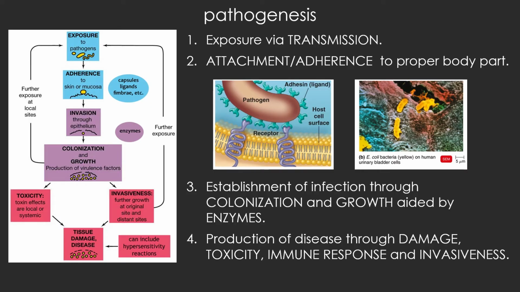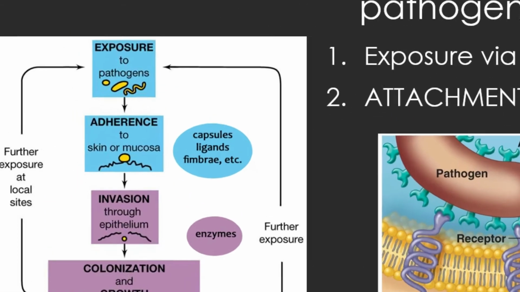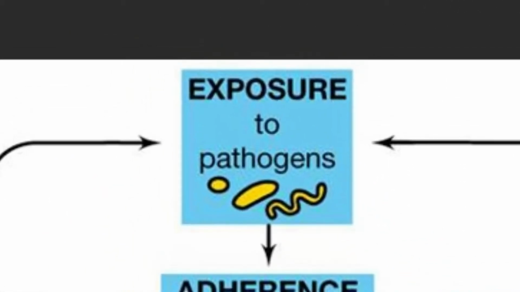Pathogenesis is a multi-step process, as you can see from the flow chart, which begins with exposure to a pathogen, which was discussed in chapter 14. Remember, there are multiple ways that a disease can be transmitted. We have contact transmission, vehicle transmission, vector transmission, and even under those three categories, within contact, you have direct, indirect, and droplet.